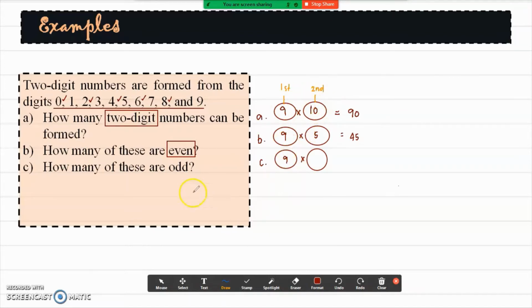For the second digit, what we are asked for are odd numbers. Odd numbers end with 1, 3, 5, 7, and 9. We have 5 possible options for the second digit, so we'll write 5 for the second circle. Multiplying, it will give us 45. So to answer question C, 45 of these numbers are odd.